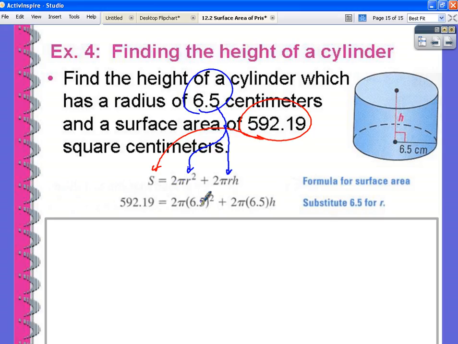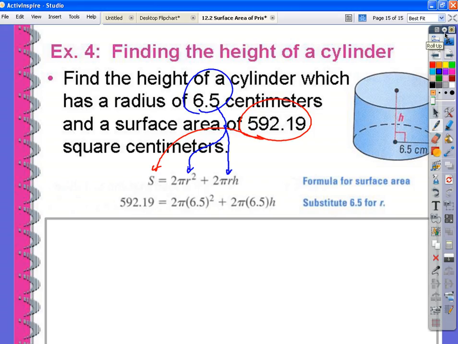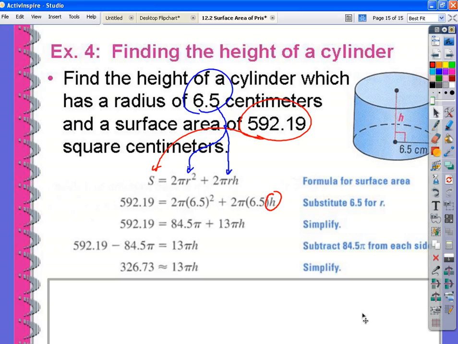So all we've got to do is just figure out what this is. Well, 6.5 squared times 2 ends up being 84.5. Okay, we'll take their word for it. 2 times 6.5 is 13, right? So I get 592.19 equals 84.5 pi plus 13 pi times h.